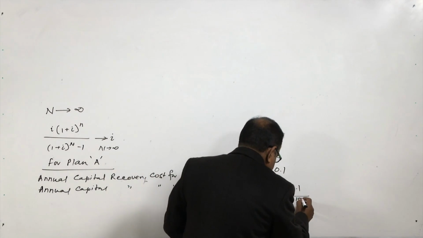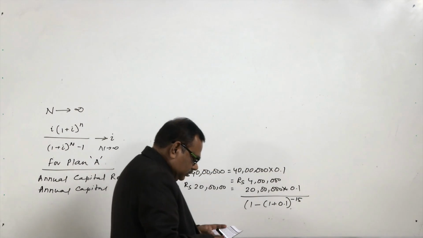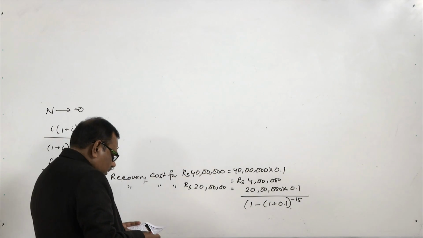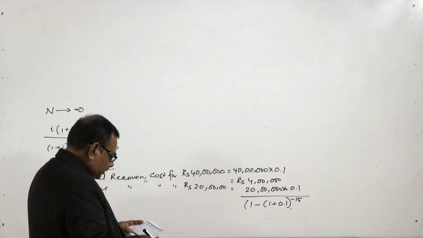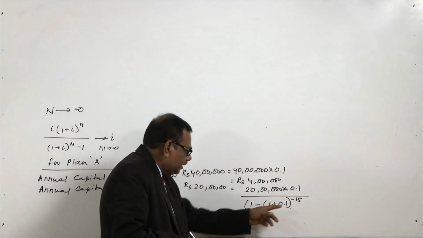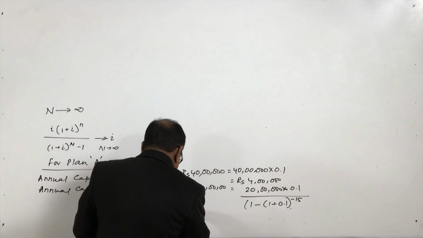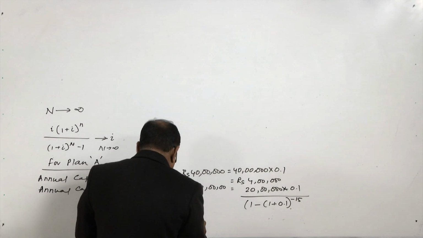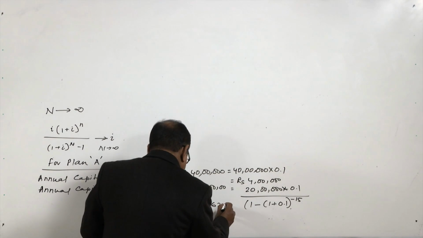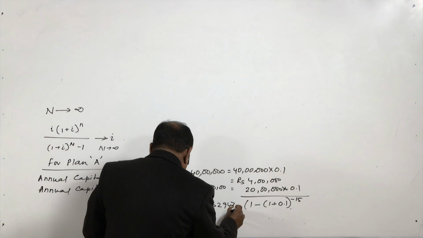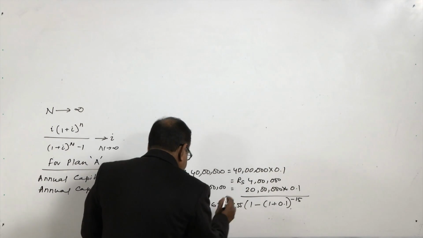This is 15. Here in the question, the renewal will be required every 15 years. So it is 15. Now, this comes out to be rupees 262,947.55.